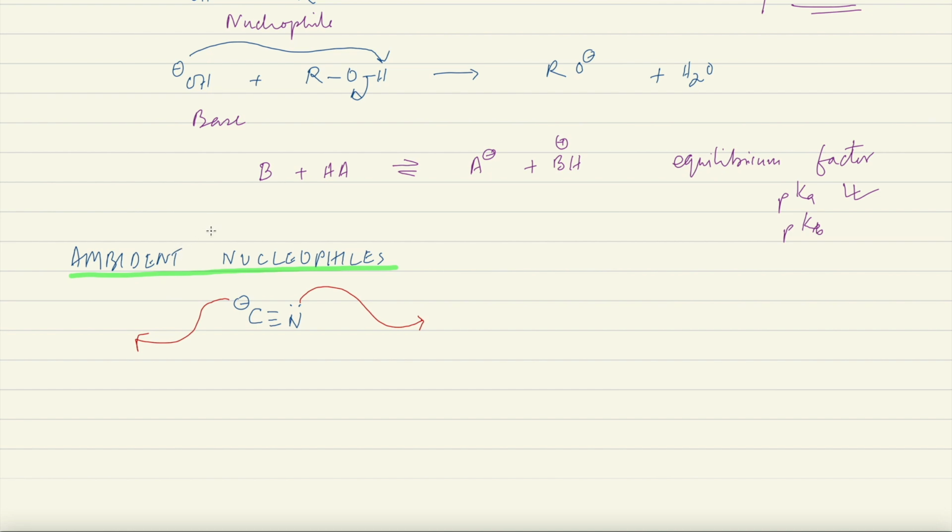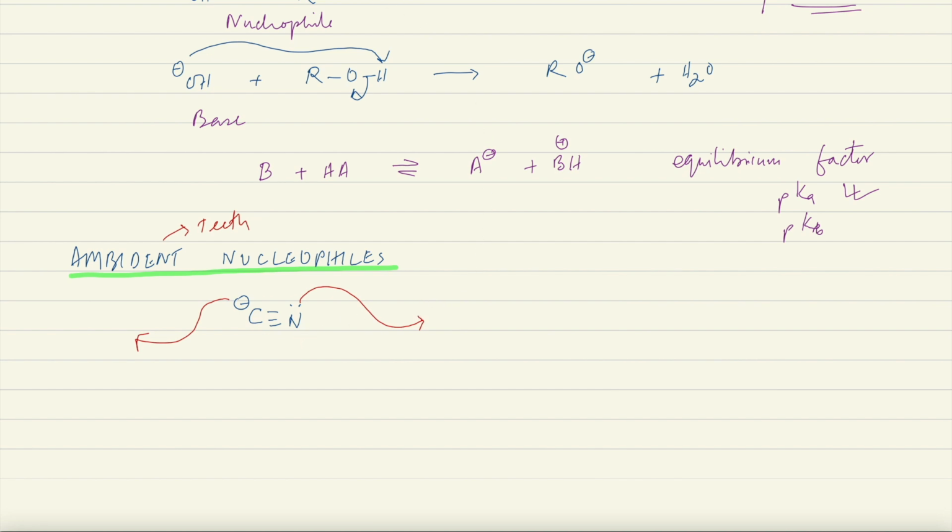Ambident comes from ambidentate, bidentate, which means two teeth. Dent means teeth. So it has two teeth for attacking. A nucleophile having more than one nucleophilic center, these are called nucleophilic centers, is called ambident.